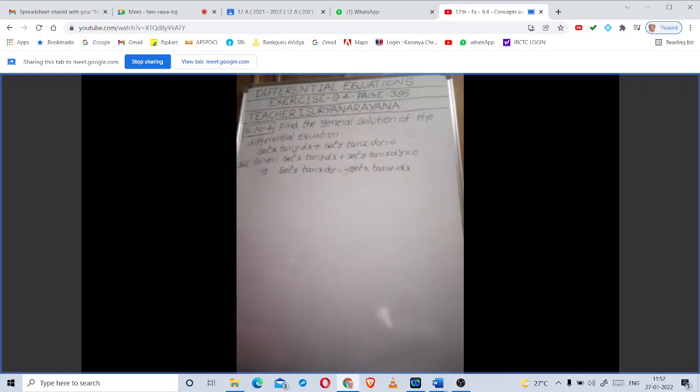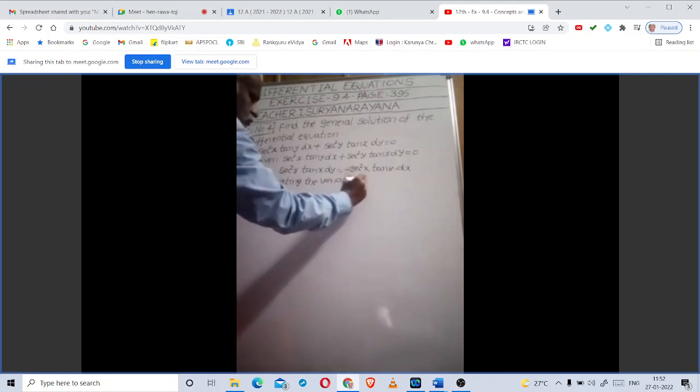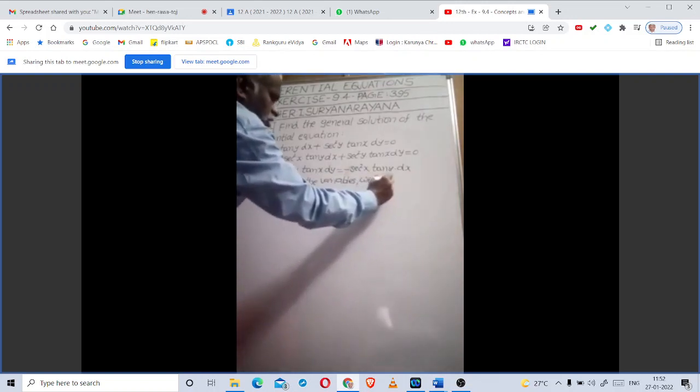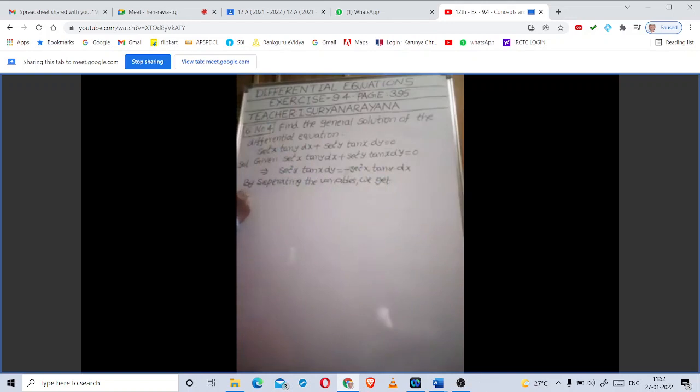Now let us separate the variables. All the functions in y in LHS into dy is equal to the entire function in x into dx. In this way, let us separate the variables. By separating the variables, we get, what should we do here?